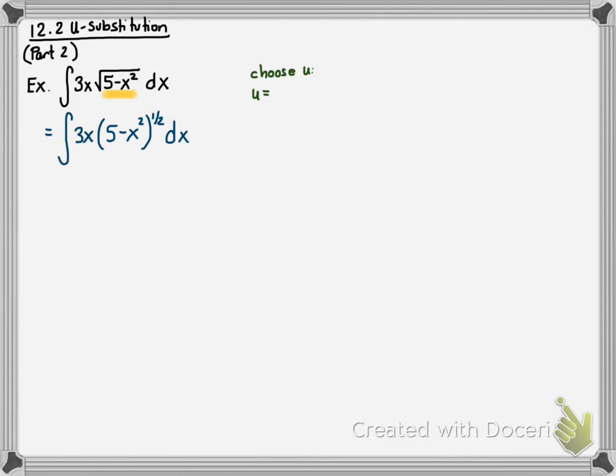Here, that's 5 minus x squared all raised to the 1/2. So my choice for u is the inside of that complicated part: u is 5 minus x squared. I'm going to circle that because we're going to come back to it later. So step 1 is choose u.